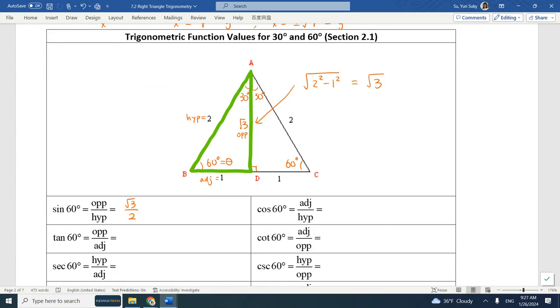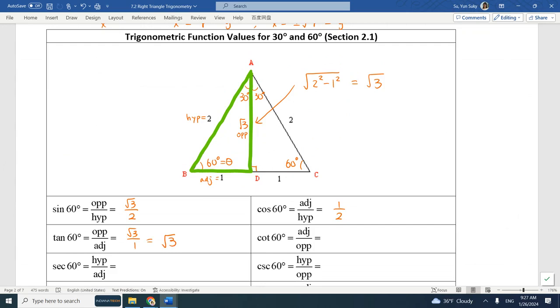Yeah, adjacent is 1 over hypotenuse is 2. Next student, tangent 60 degree. Yes, very good. Square root of 3 over 1, which is square root of 3, right?